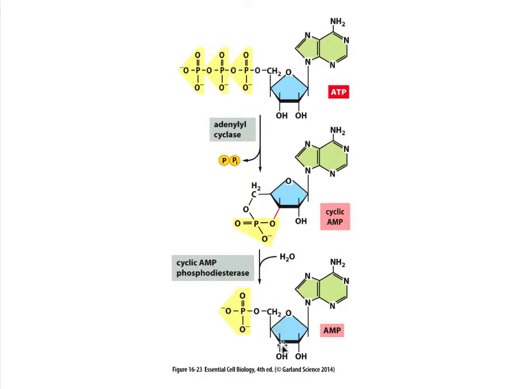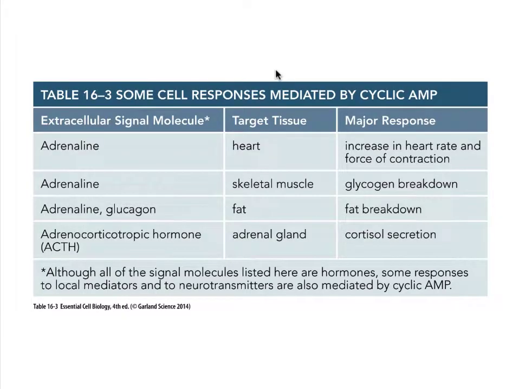And what that does, it just breaks the bond, resulting in AMP, which is then recycled by the cell. Once cyclic AMP is produced inside its target cell, it can have a number of different outcomes depending on which cell it's acting in.